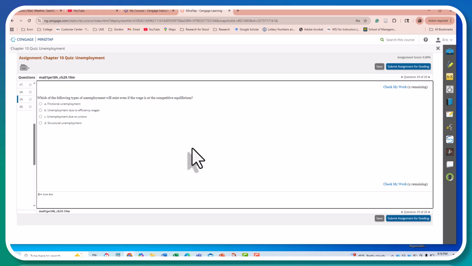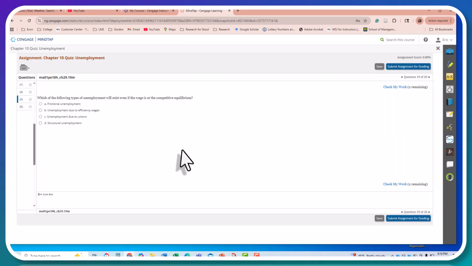Since there will never be complete disappearance of unemployment: frictional, going between jobs; structural, again, your job is no longer over there; unemployment due to a union, not causing them on that one; unemployment due to efficiency wages. We'll let you figure that one out.